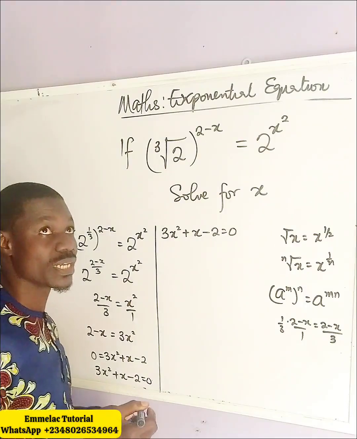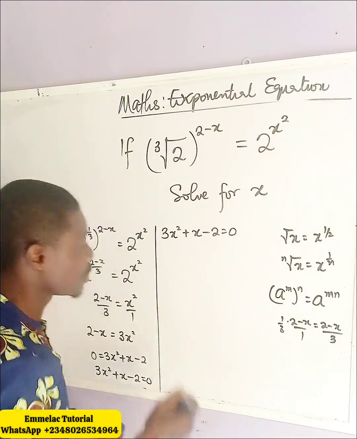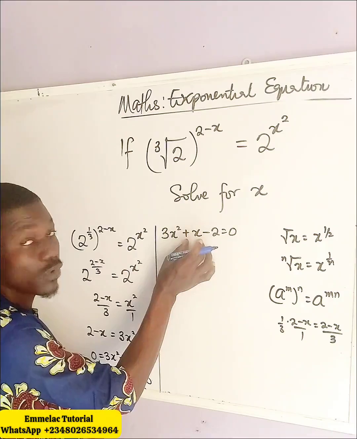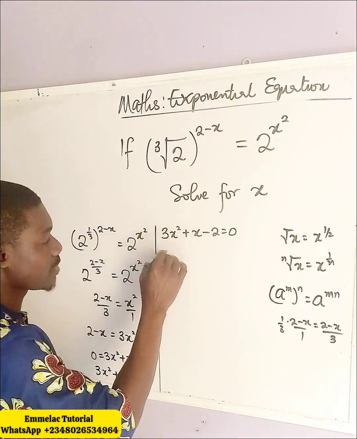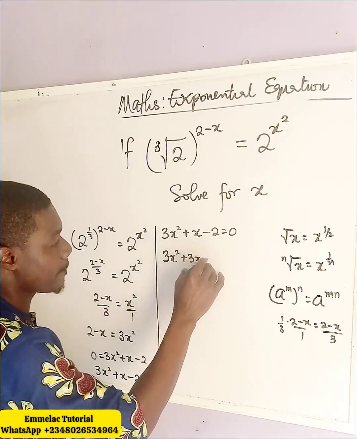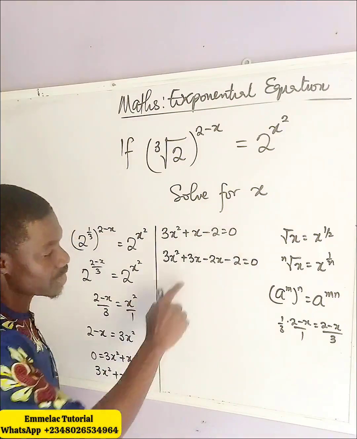That should be plus 3 and minus 2. We replace the plus x with those terms: 3x squared plus 3x minus 2x minus 2 equals 0.